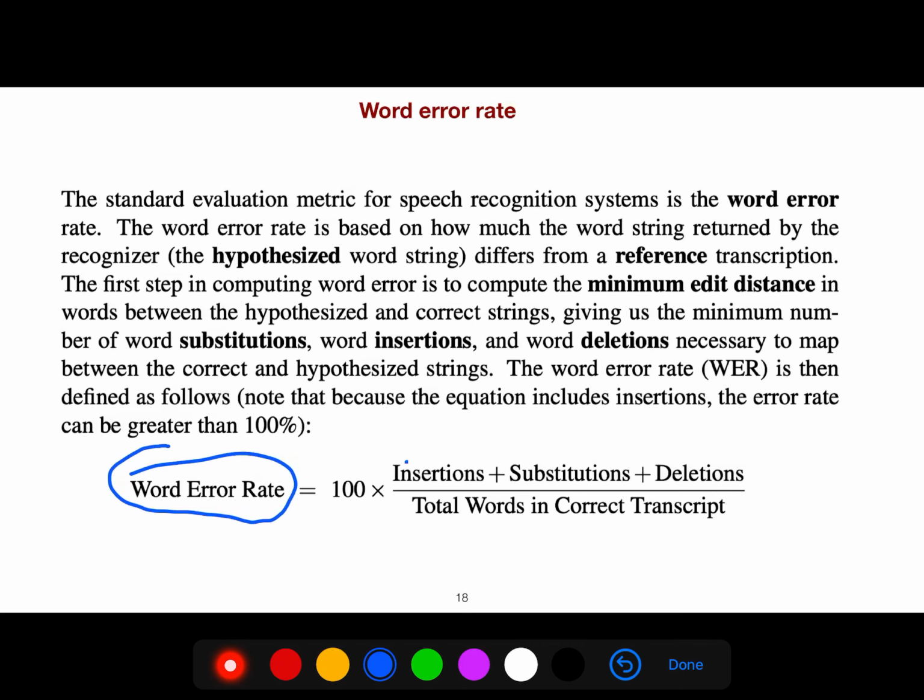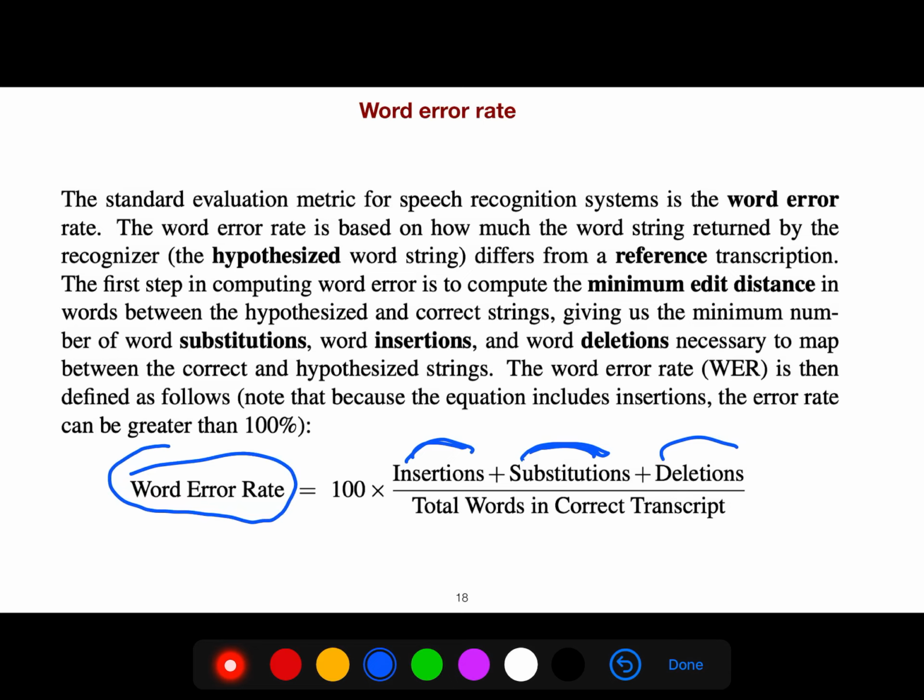For example, the number of insertions is different from substitutions. Insertion means you don't have something, the goal is very different from what you have predicted, so you have to insert it. Substitution means that you have something that you should change, maybe rephrase it, or change that word. And deletion means that the word is wrong, you should delete it, because we don't have that in the goal answer.